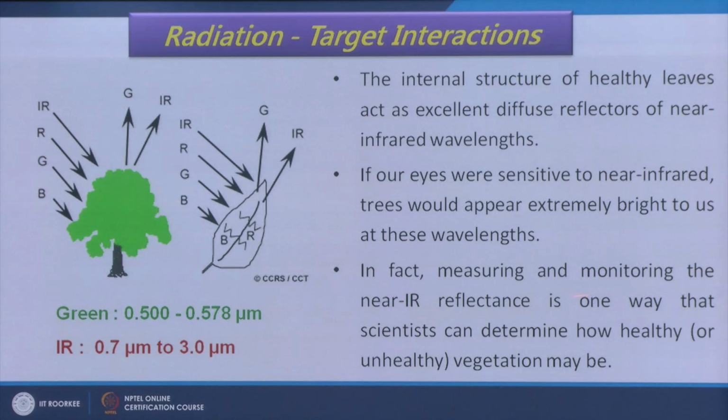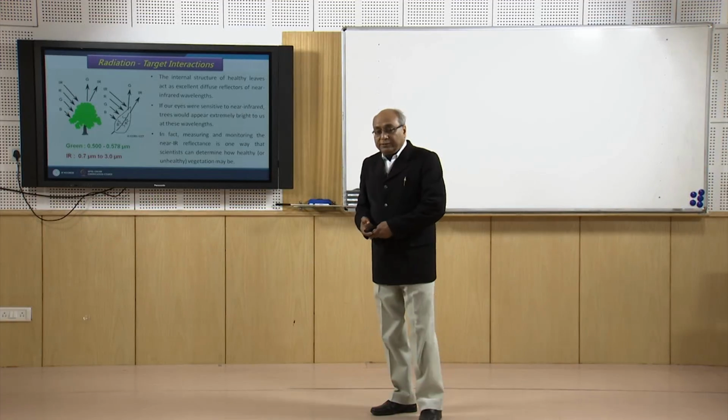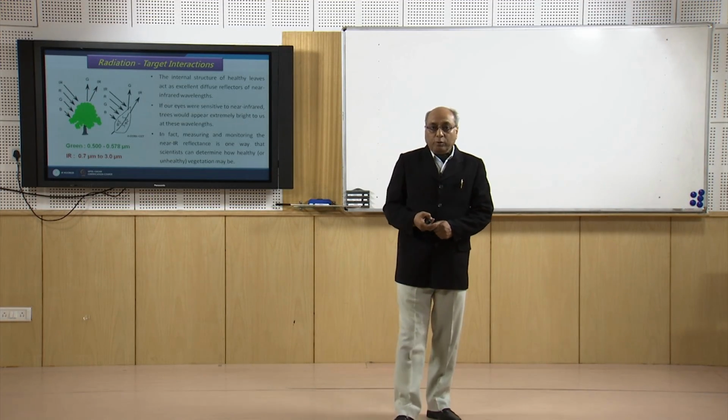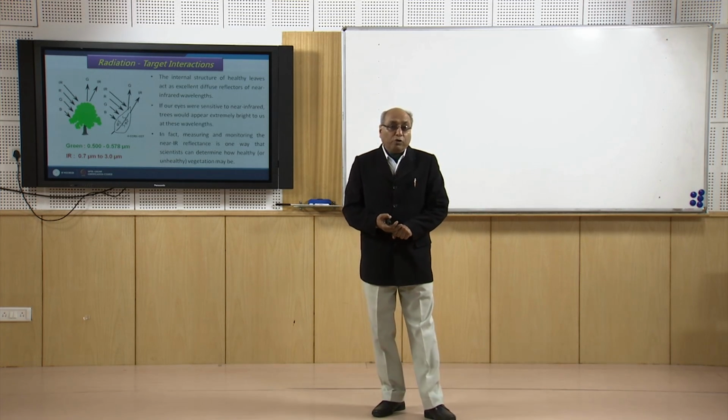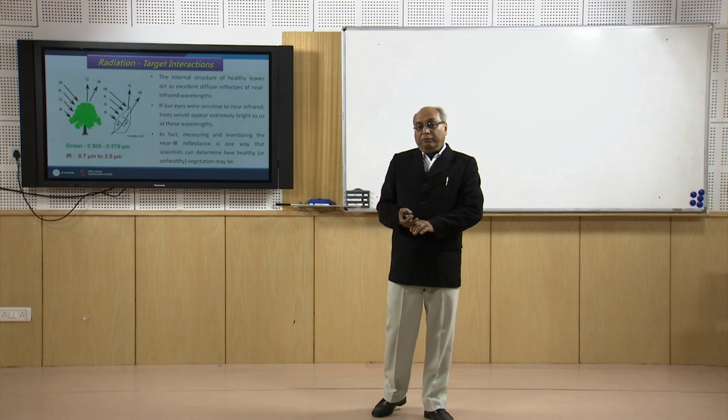In fact, measuring and monitoring the near infrared reflection is one way that scientists can determine how healthy or unhealthy vegetation may be. People exploit this especially for crop estimation or the health of a forest area.